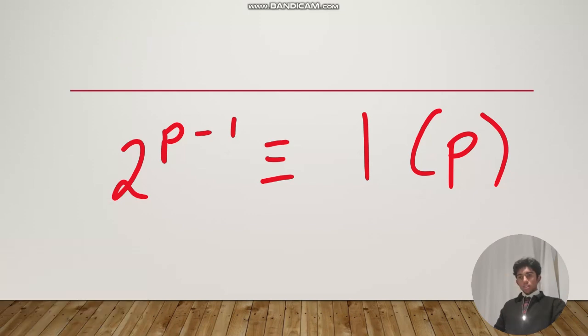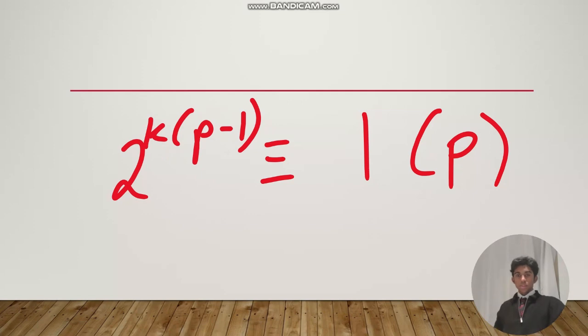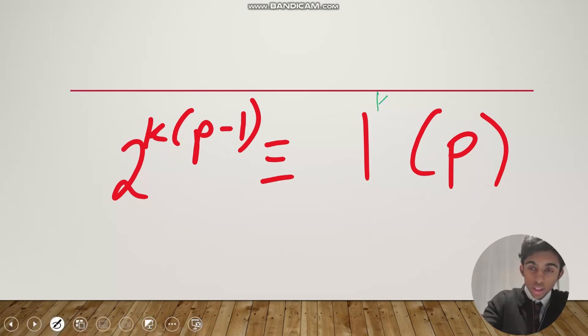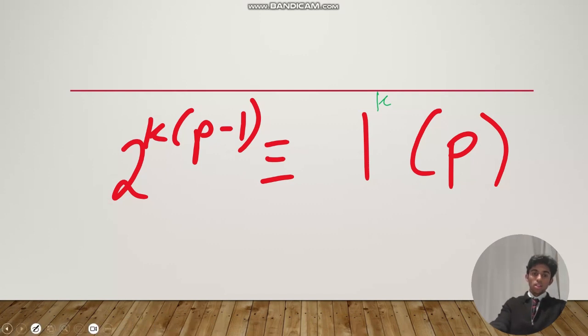So setting x as 2, 2 to the p minus 1 has a remainder of 1 mod p. Which means that if we raise both sides to some power, we get 2 to the k times p minus 1 is 1 to the k mod p. But 1 to the k mod p is nothing other than 1 mod p. So we, in essence, have 2 to the k times p minus 1 is 1 mod p.